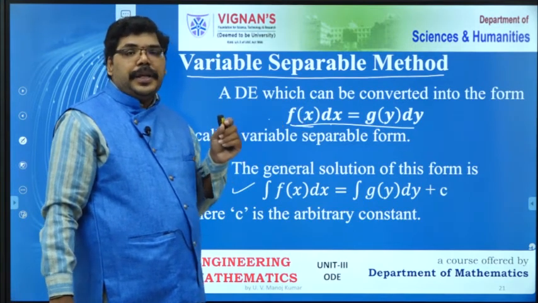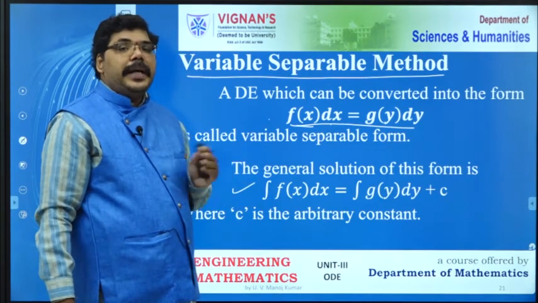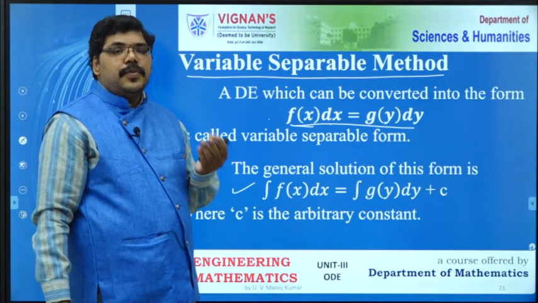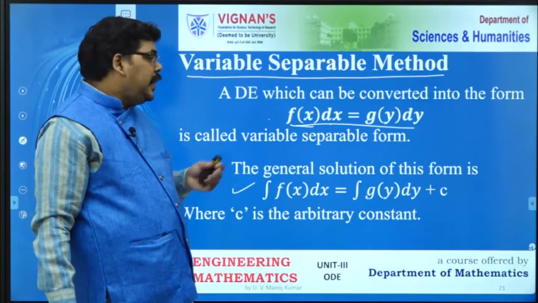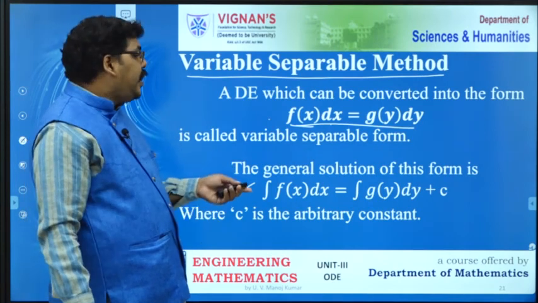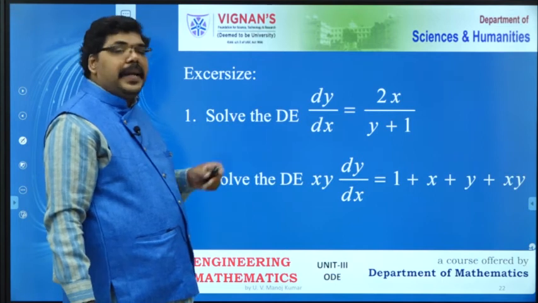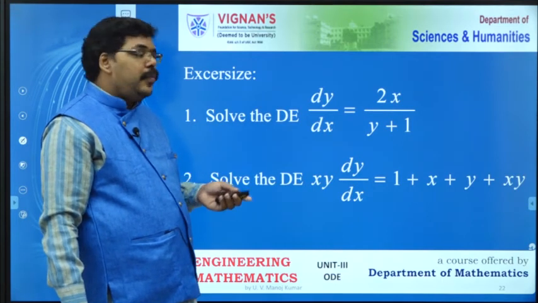If you are able to reduce the given differential equation in this form, it is solvable by the variables separable method. So what do we mean by solving? Just integrate on both sides. So add an integrating constant.